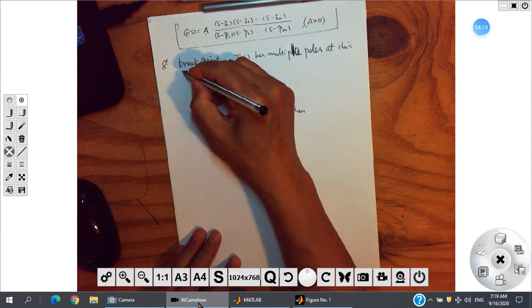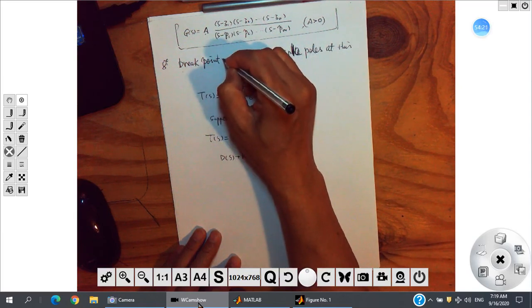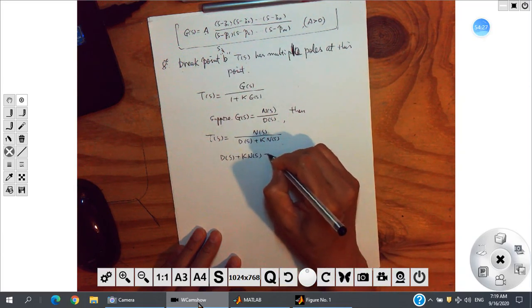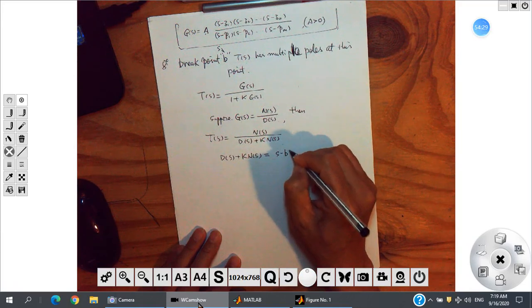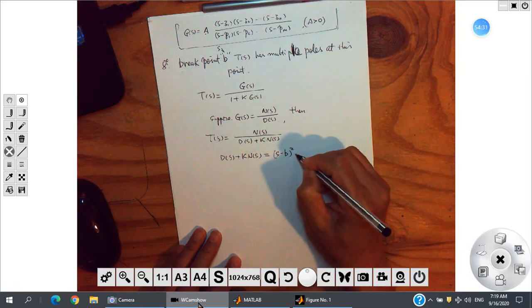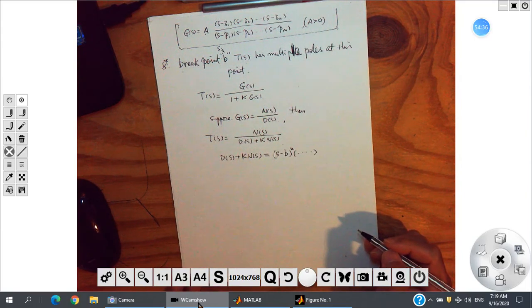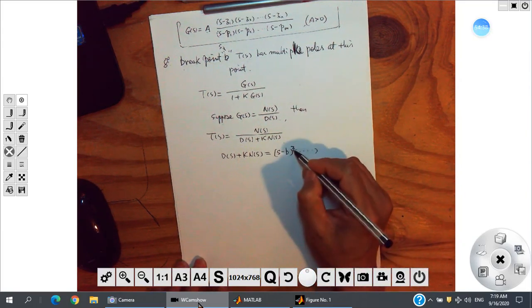I give this point a name: it's a breakaway point, s equals B. Then the denominator will equal (s minus B) squared times something else. Maybe higher, but at least there's a square.